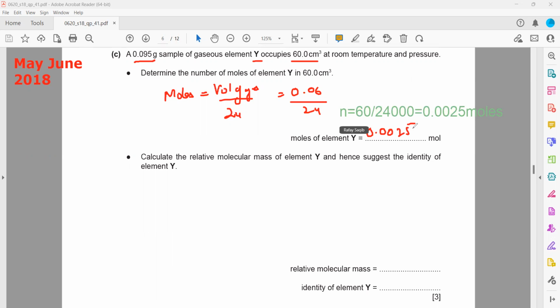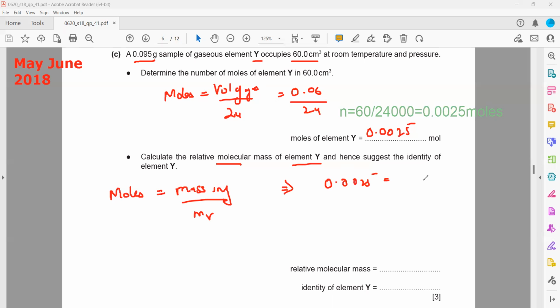Now the second part: calculate the relative molecular mass of element Y and suggest its identity. So now we will use the first formula. We will substitute the moles and the mass and find the molar mass. Moles equal mass in gram divided by molar mass. We already worked out the moles, that was 0.0025.